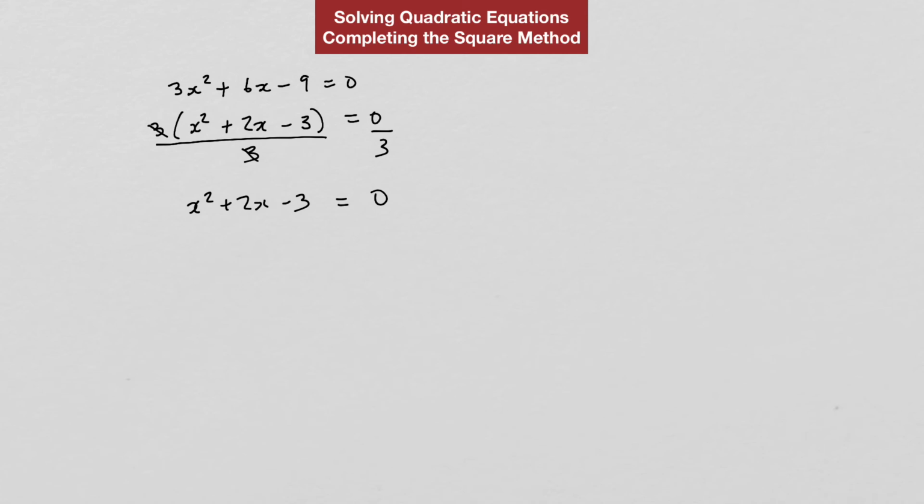But we're not going to, in a normal situation, when you're asked to factor this quadratic, the first thing you would do is determine whether or not factors of negative 3 when added together give you a 2.